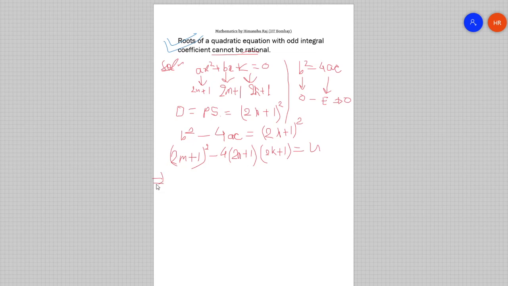Now the next step, simplify it, and you will find that this can be expressed in the form this and this.